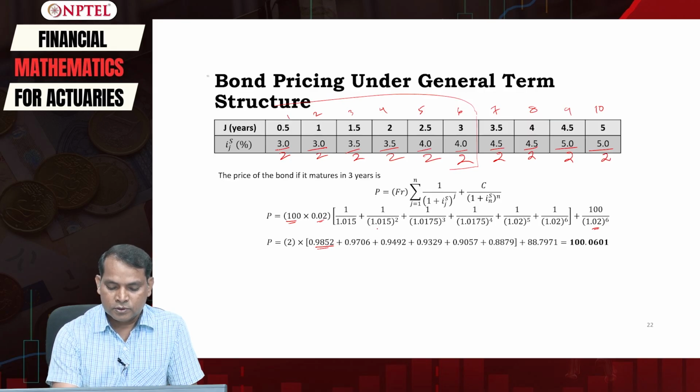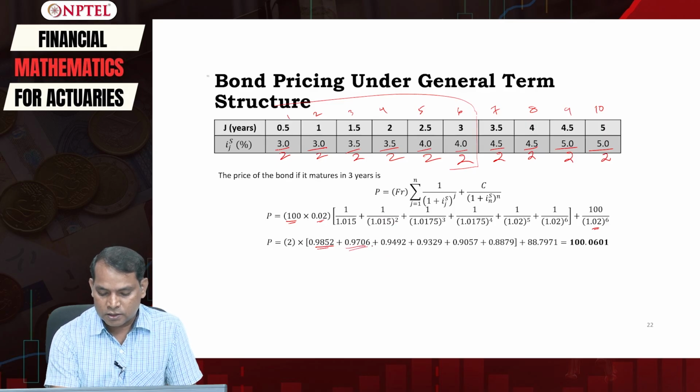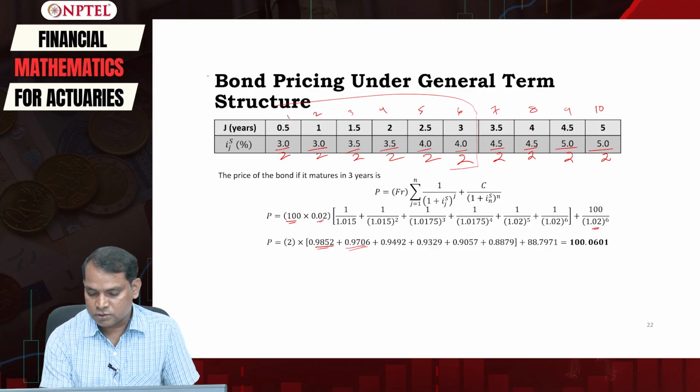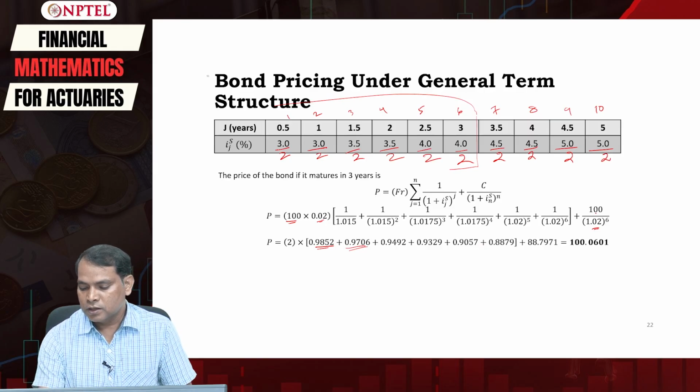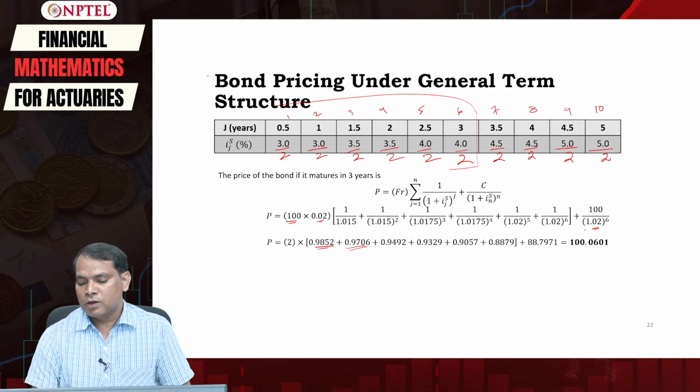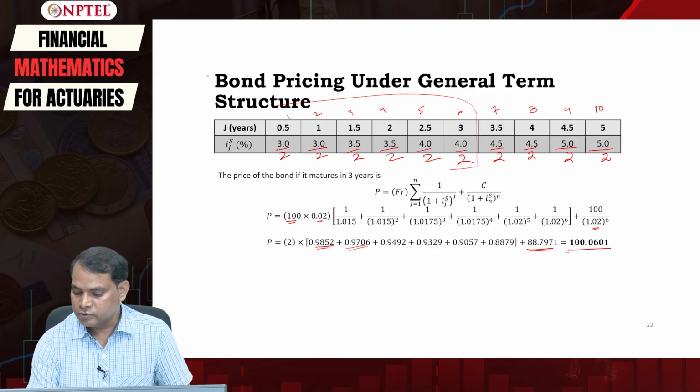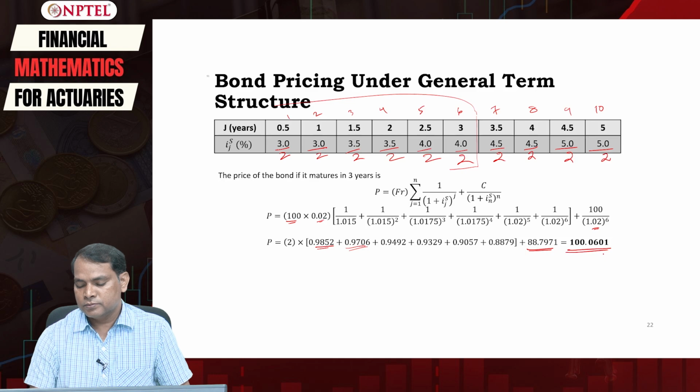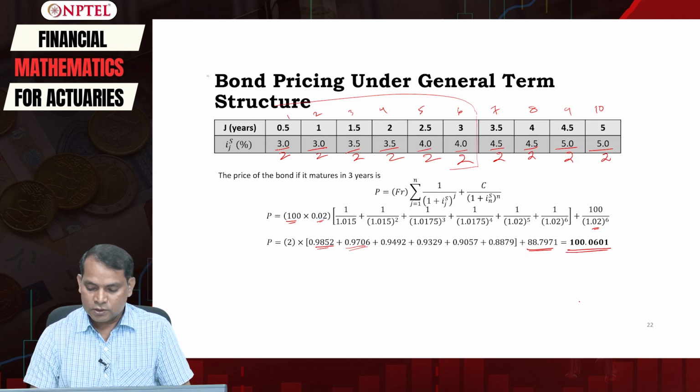Again, 1 upon 1.015 square will become this one, and similarly I have computed all these values. Then 100 upon 1.02 to the power 6 will be 88.7971. So, this will give me a value of $100.0601.